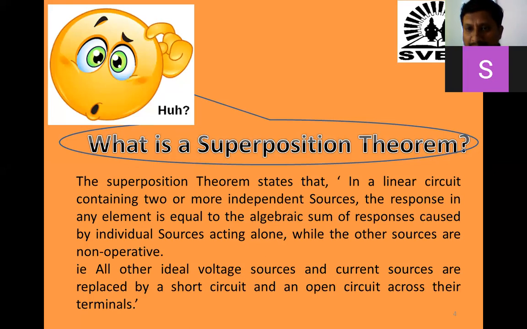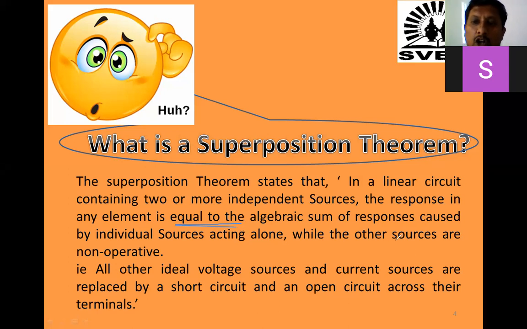The superposition theorem states that in a linear circuit containing 2 or more independent sources, wherever there is a comma, we have to take a pause, the response in any element is equal to the algebraic sum of responses caused by individual sources acting alone while other sources are non-operative.